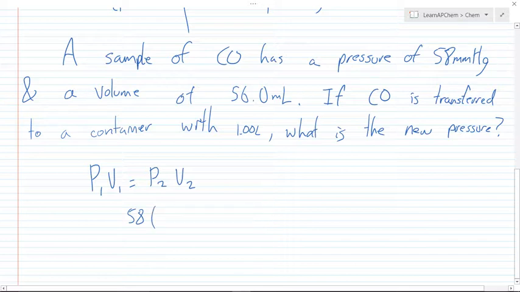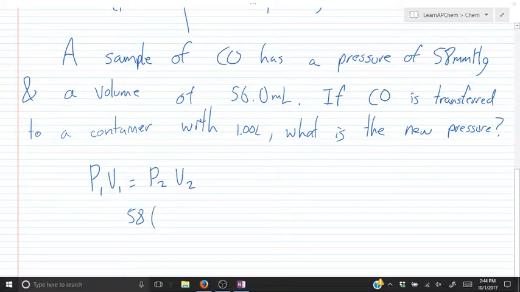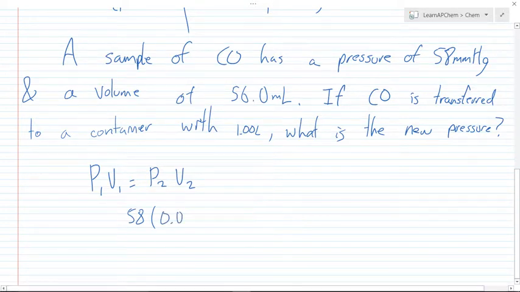So I'll convert my milliliters into liters: 0.056. Remember that there are 1,000 milliliters in a liter. Equals P2, which is our variable we're trying to solve for.